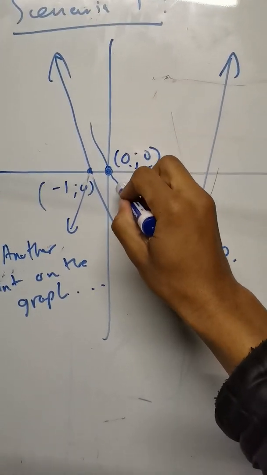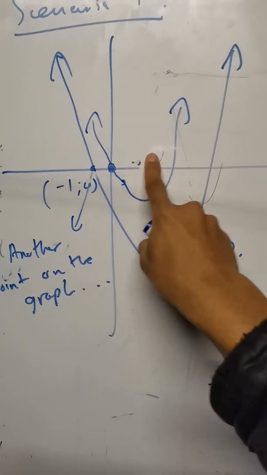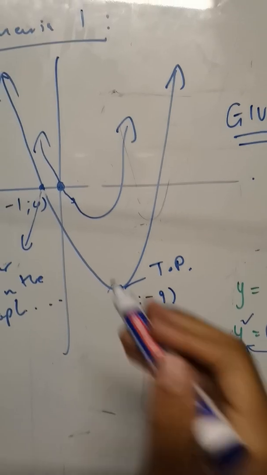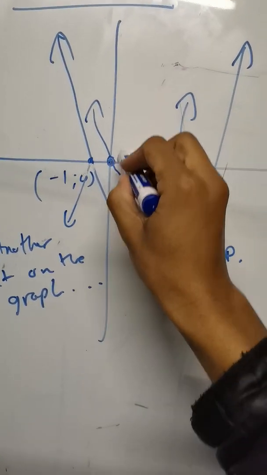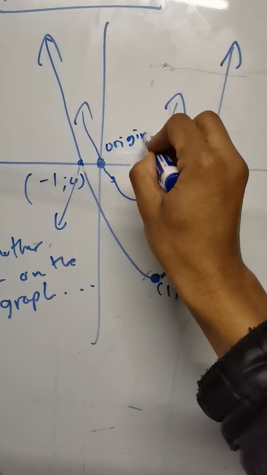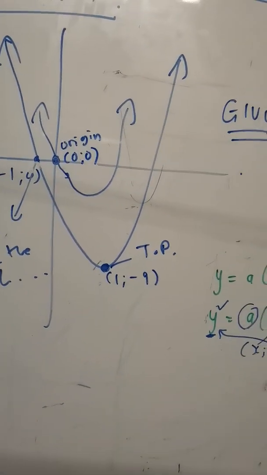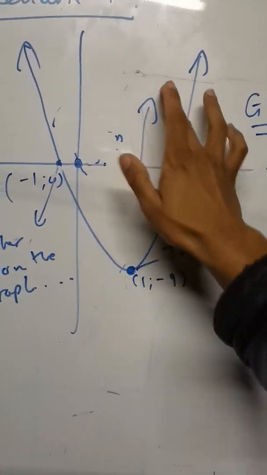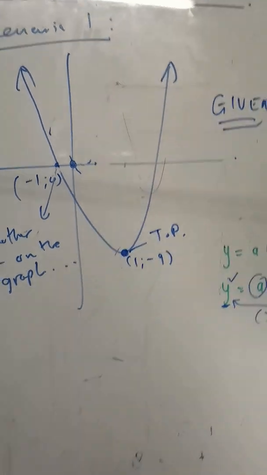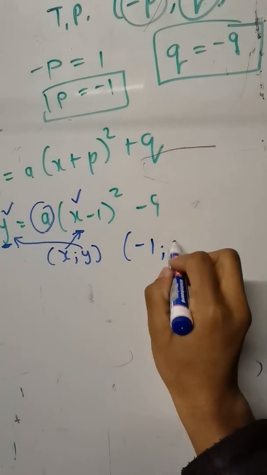So if a parabola or a graph passes through the origin, and they don't put anything there and you're looking for a coordinate, just remember that coordinate is always (0, 0). Just make a very important note of that, please, because it does sometimes come up. So the point we're going to use is (-1, 0).